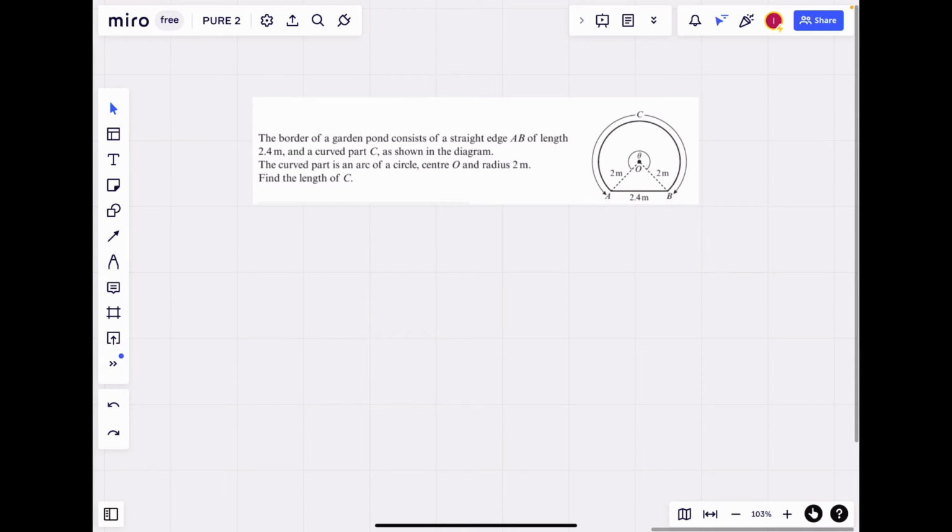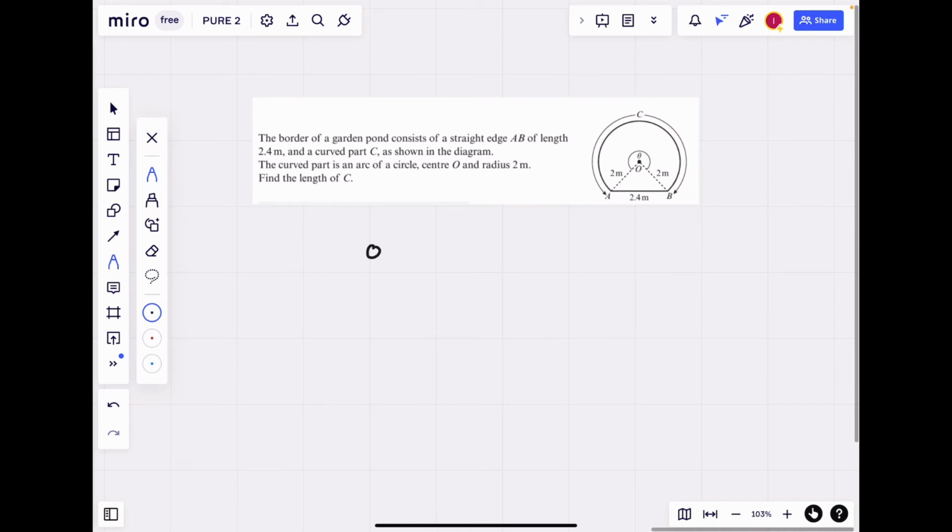Okay, let's go through it. The border of a garden pond consists of a straight edge AB of length 2.4 meters and a curved part C as shown in the diagram. Okay. The curved part is an arc of a circle, center O and radius 2 meters. Find the length of AC. Right. So here's what we can do. Let's draw a triangle.